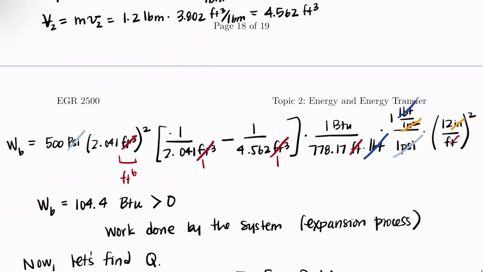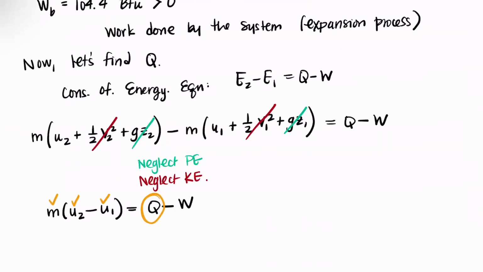So we have our boundary work and our electrical work that we want to take care of. So our net work output is W, which is going to be the WB boundary work plus our WE, the electrical.